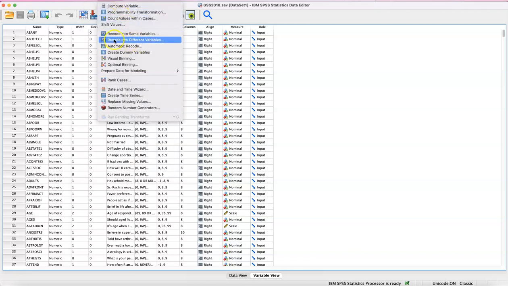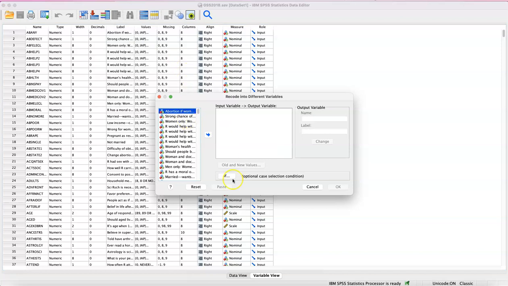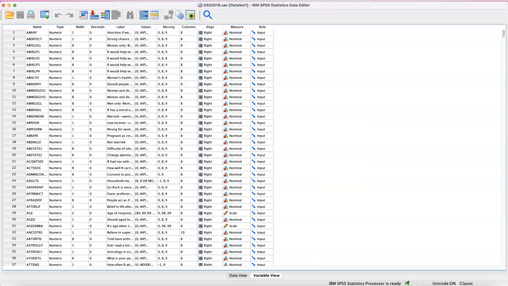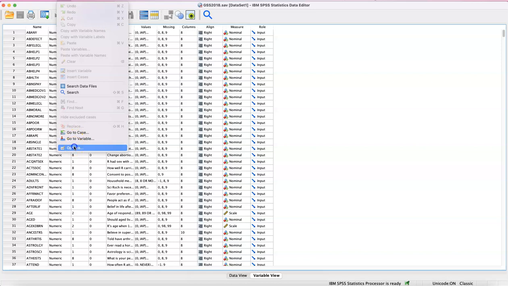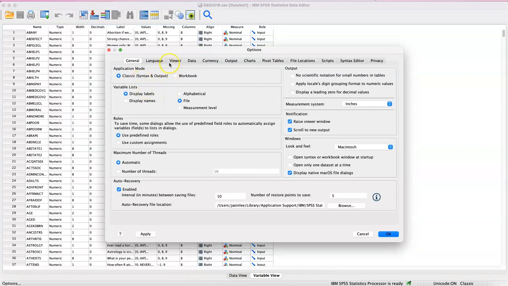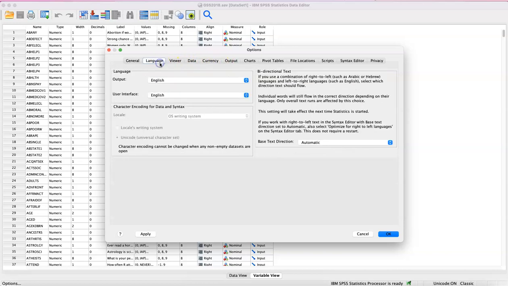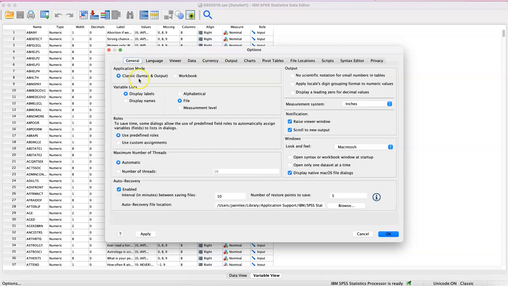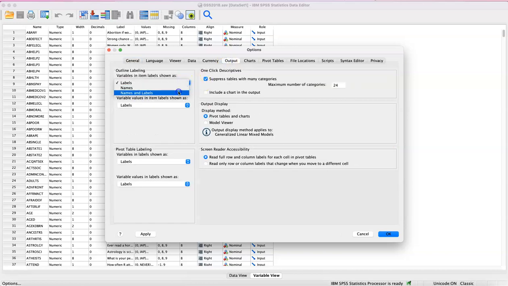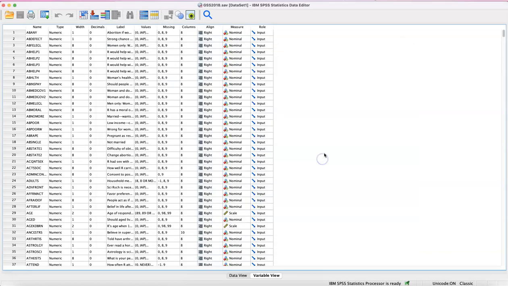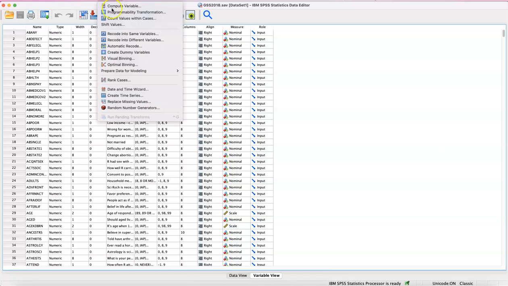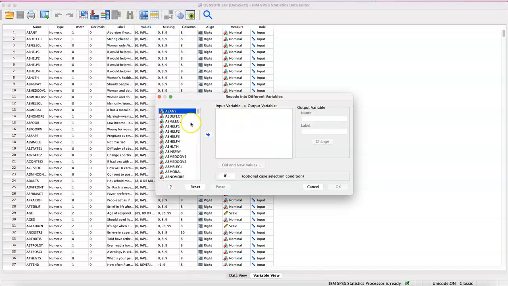Transform, recoding into different variables. Okay, so health condition is there.